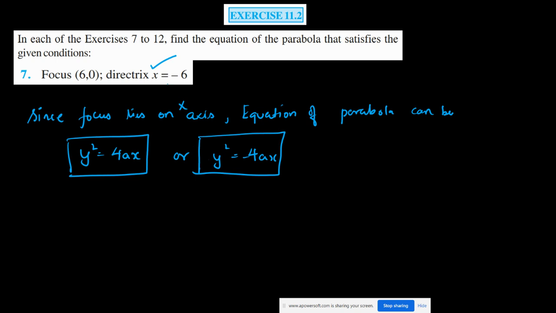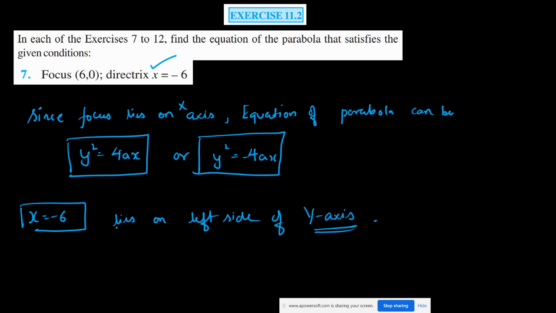Now, that I can find out using the directrix again. The directrix is x = -6. So where does -6 lie? Can I tell that x = -6 lies on the left side of the y-axis? A negative value of x always lies to the left of the y-axis, right?